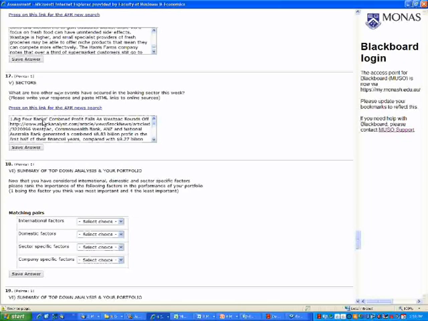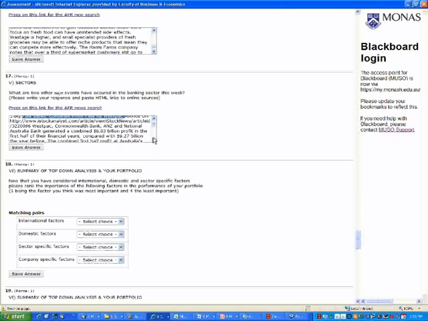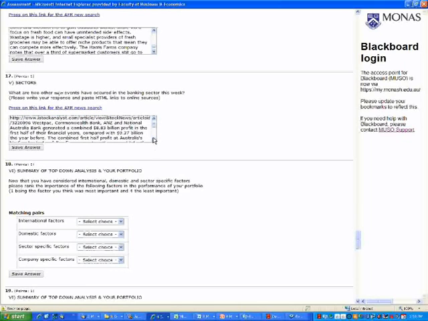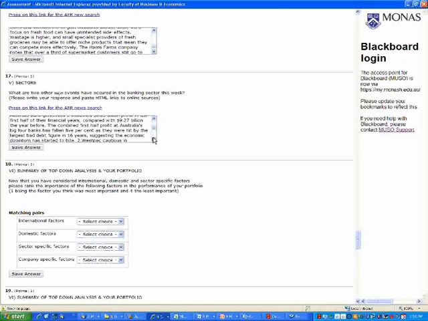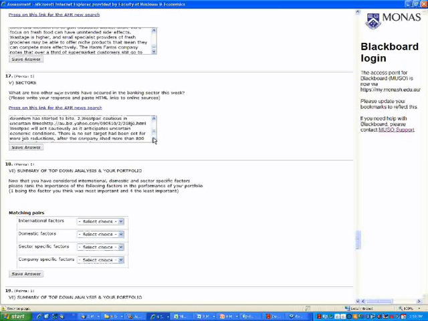And we can see that the 4 big banks' combined profit falls, and we can see that there's some bad news both for Westpac and every other bank. And Westpac is cautious. However, we use some information from Yahoo about that, and once again that'll be talked about in the individual quiz.